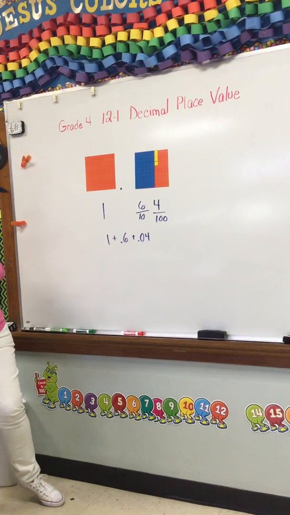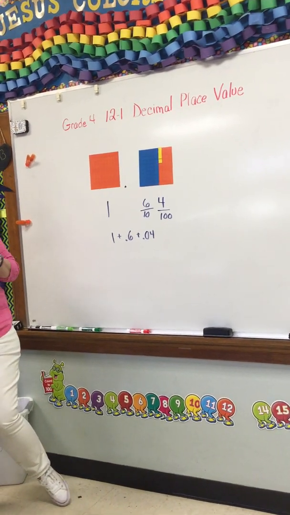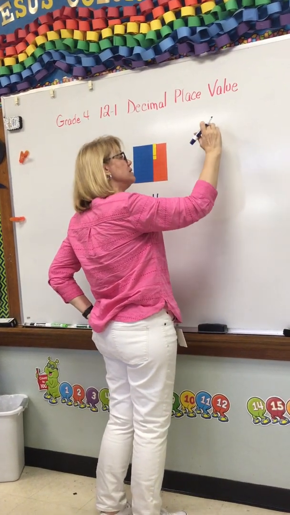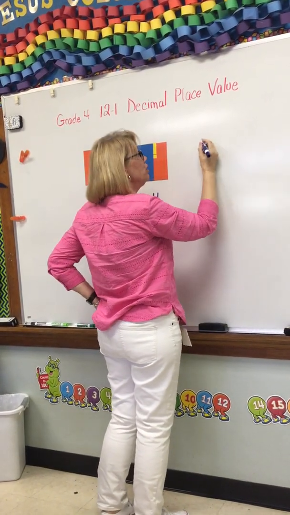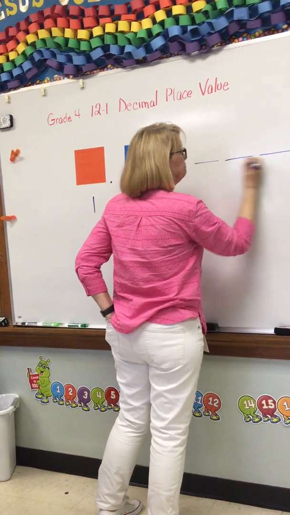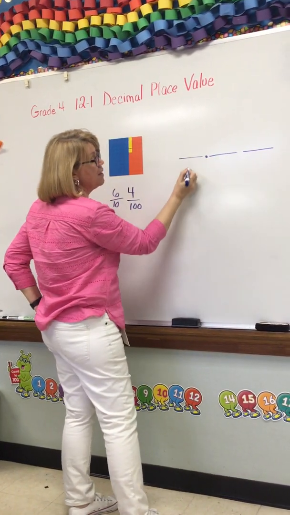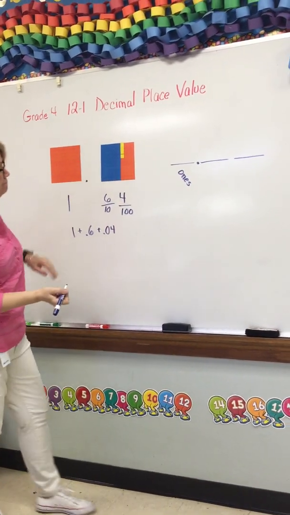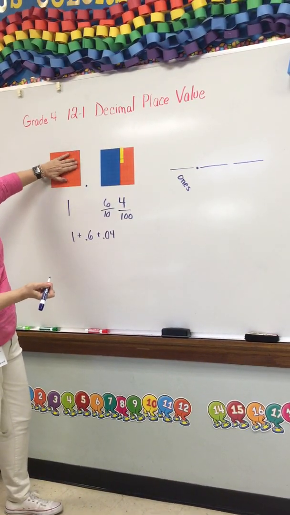Now, I want to go back a little, and just like we used to do when we had the thousands, the hundreds, the tens, we're going to do a place value model. This is the ones. I have 1 block here.